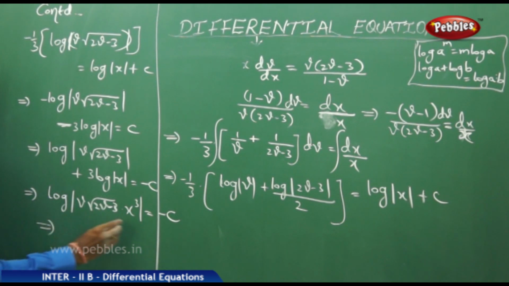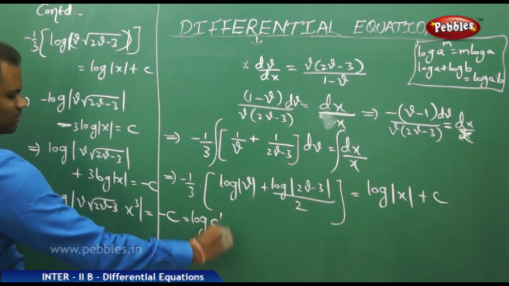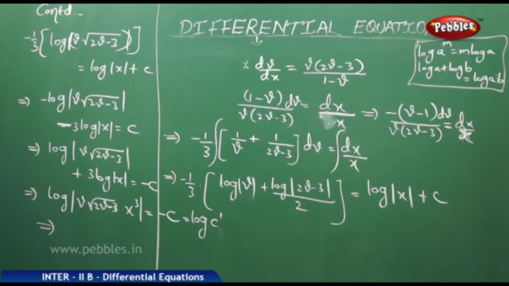That implies minus c I can take as log c dash. So eliminating log, we get v root 2v minus 3 times x cube equals some c dash is how we get. Then cubing on both sides, we get the required answer.